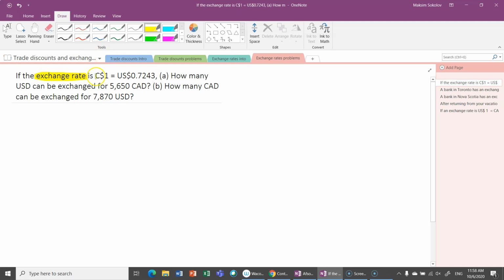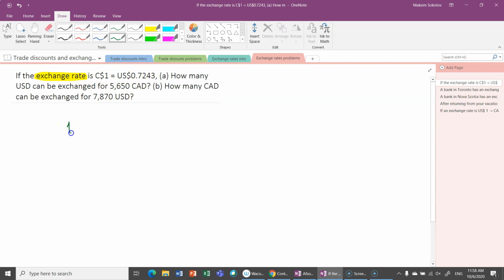So this is a very simple problem. It doesn't involve any commission, and we need to simply solve it by building the following ratio, right? So here we have this price for 1 Canadian dollar.